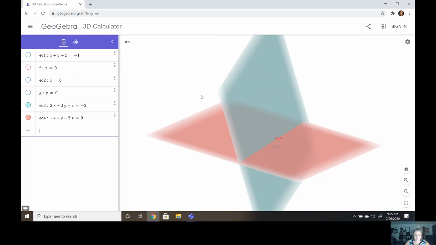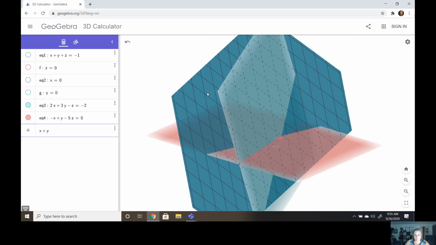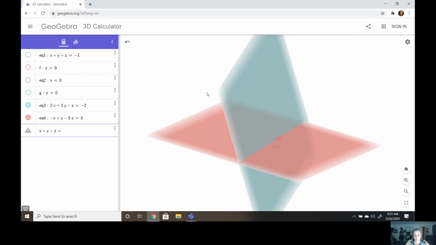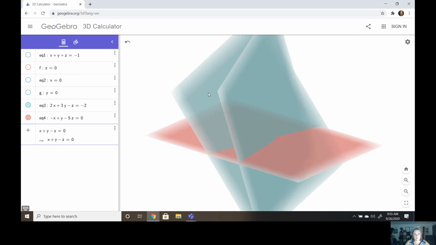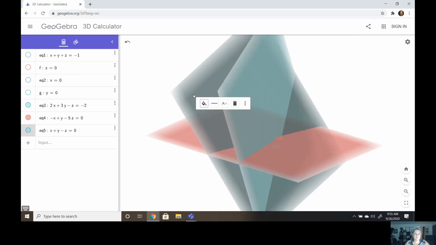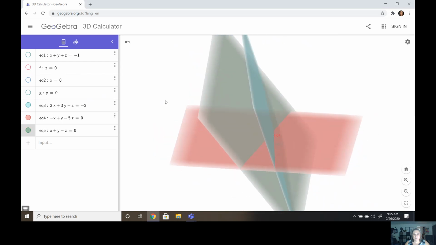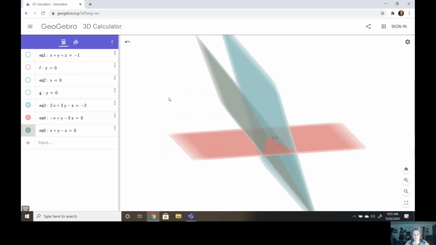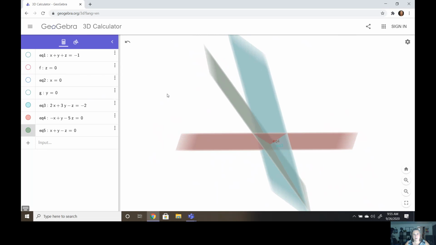Now, what if I added a third plane to this? Let's just change the color so we have three different colors. Okay, it's going to be a little bit harder to see.